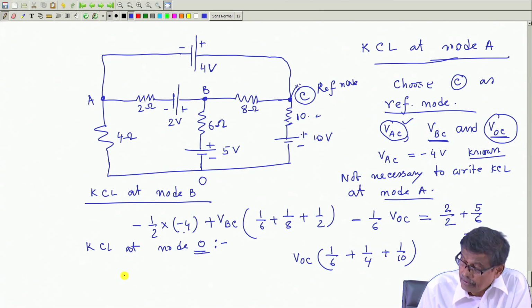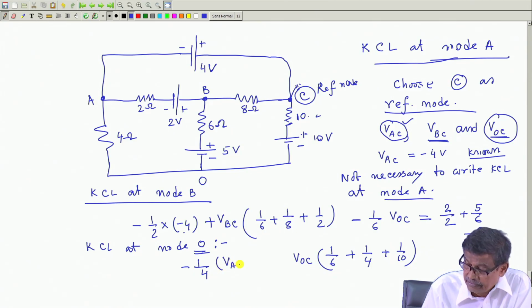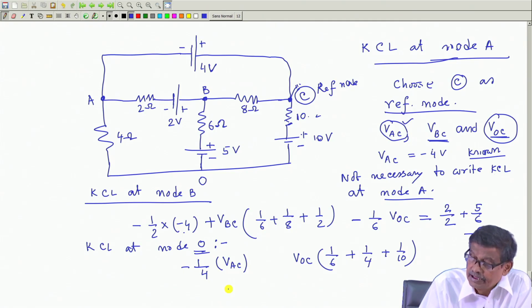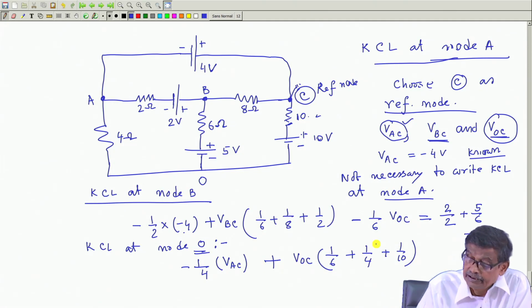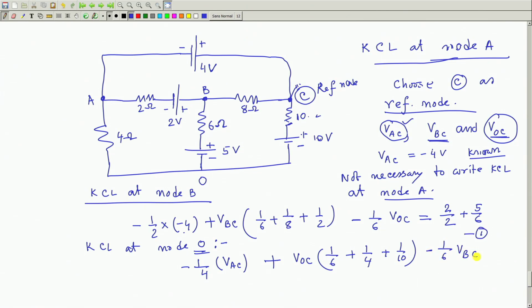Then the coefficient of VAC will be minus 1 by 4 into VAC, because the reference point is C now, and then finally the contribution of VBC, so minus 1 by 6 into VBC, and this should be equal to, on the right hand side, the sources at node O. So, it will be minus 5 by 6, because minus is connected to O, minus 10 by 10, minus is connected to O. And for this branch no source is connected.